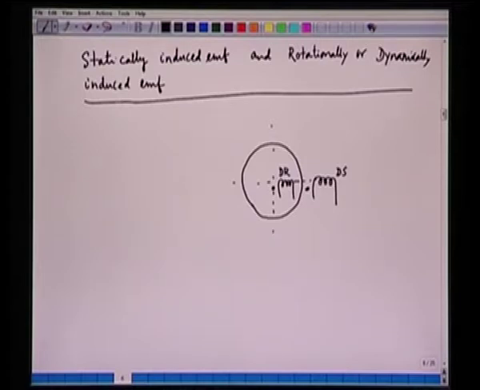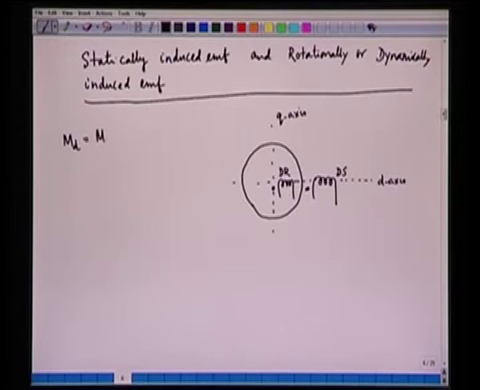And what we do here, this is our D axis and this is Q axis. D stands for the direct axis, Q stands for the quadrature axis. And we define an inductance called MD.